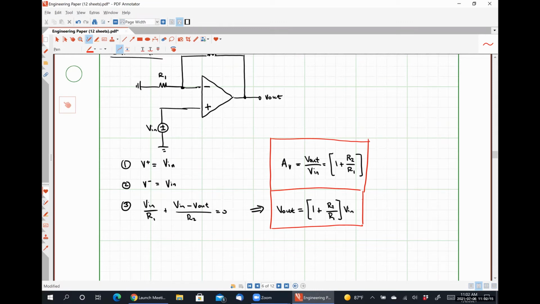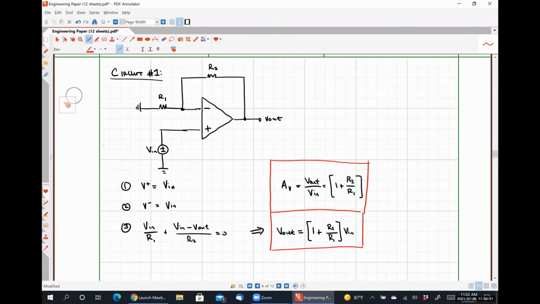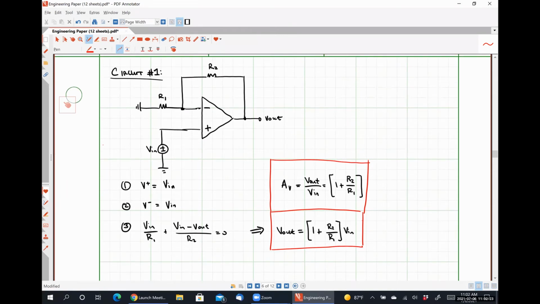And B, it will always be 1 or greater, right? So if R2 were a short circuit, this guy would give us a gain of exactly 1. And if R2 has a resistance larger than 0, then our voltage gain just gets larger and larger, right?